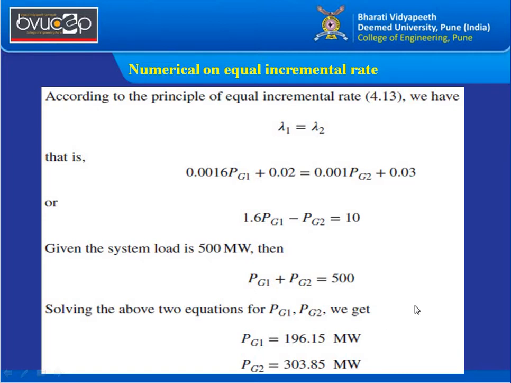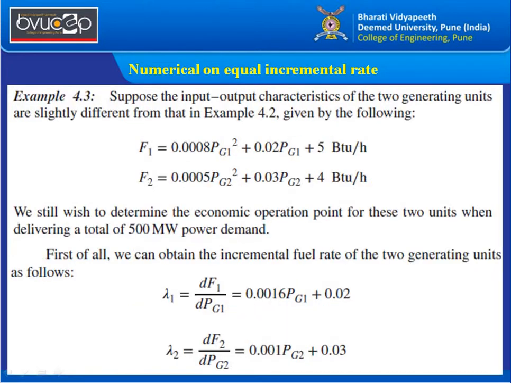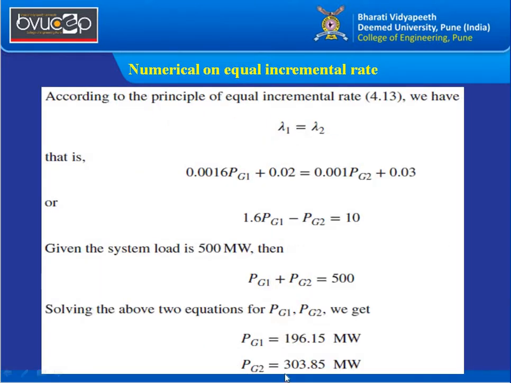Pg1 is now 196.15 megawatt and Pg2 is 303.85 megawatt. This happened due to the change in the factors that we have considered for Pg1 and Pg2. If these factors change, it directly affects the distributed generation needed to satisfy the load demand.